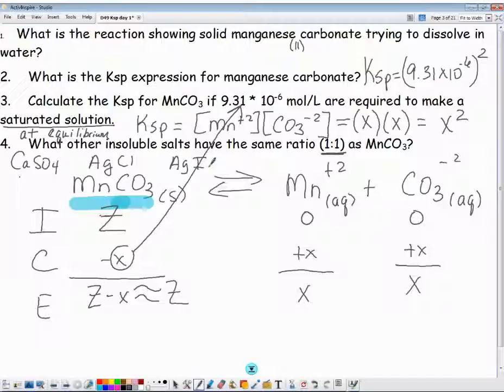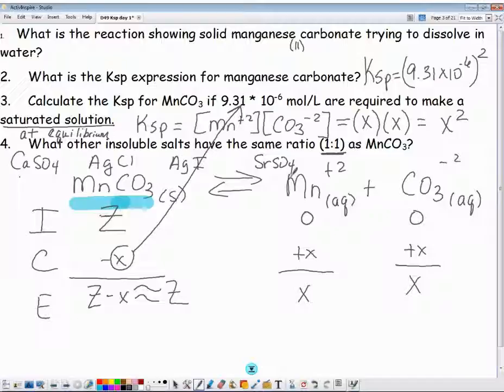How about strontium sulfate? Strontium sulfate would work, yes. Okay, so do you see what I mean by the fact that they're 1-to-1?